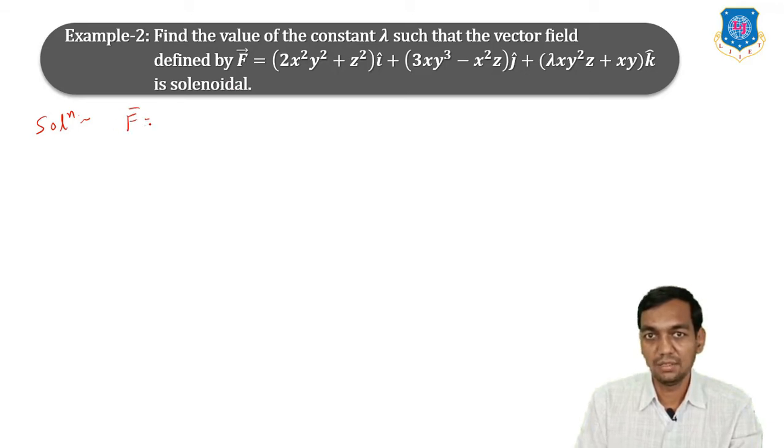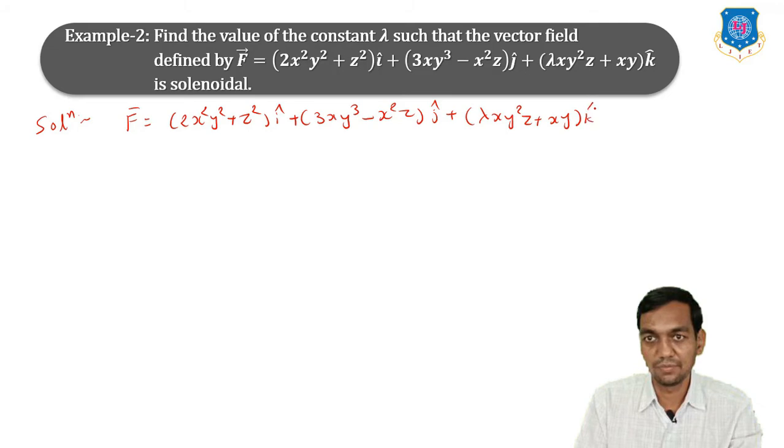We have f bar equal to (2x square y square plus z square) i plus (3xy cube minus x square z) j plus (lambda x y square z plus xy) k. Now you are given that f bar is solenoidal.